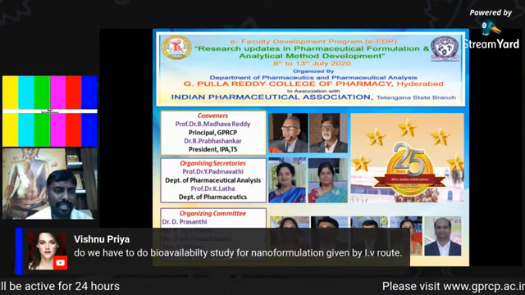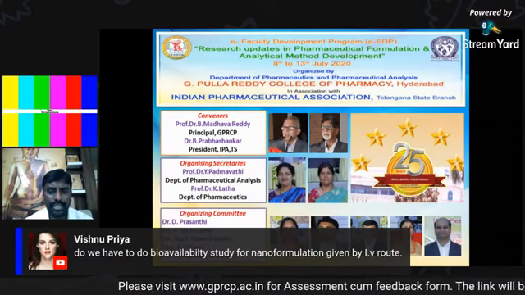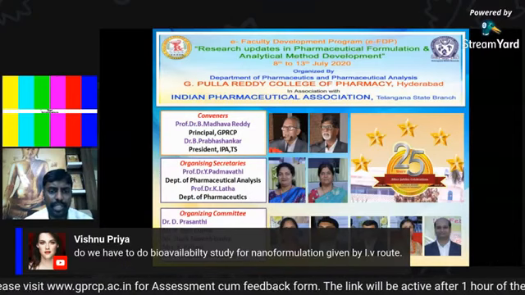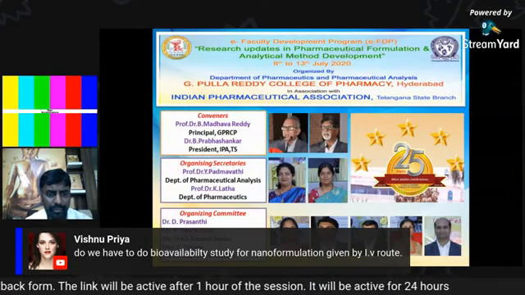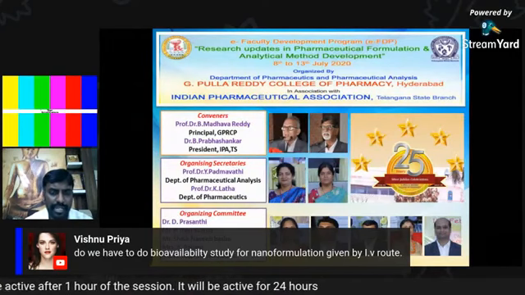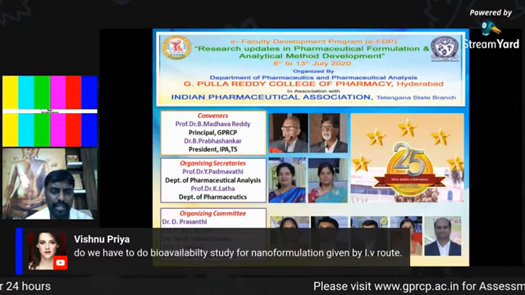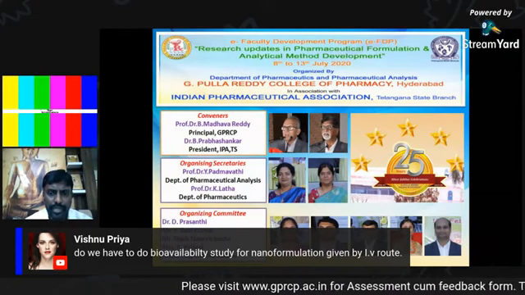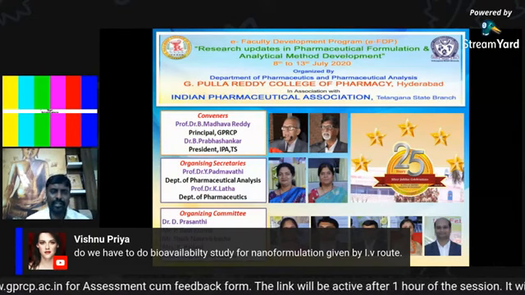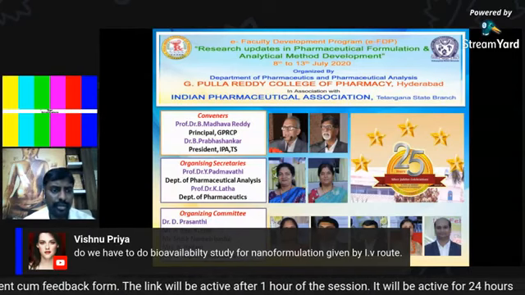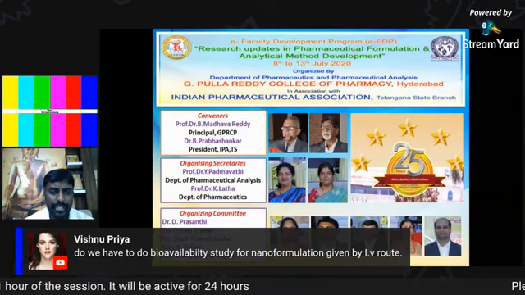If we match Q1 and Q2, where Q1 is the qualitative composition and Q2 is the quantitative composition, then there is no need for any bioavailability or bioequivalence study. Bioavailability is defined as the rate and extent of drug reaching systemic circulation. In the IV route there is no absorption step. Whatever drug we inject comes directly into the systemic circulation, so there is no bioavailability or bioequivalence requirement for IV formulations.